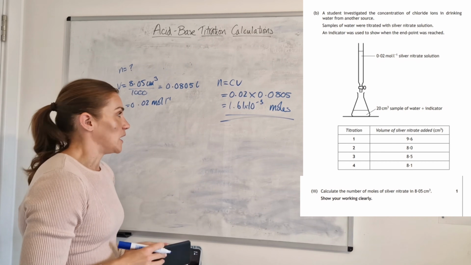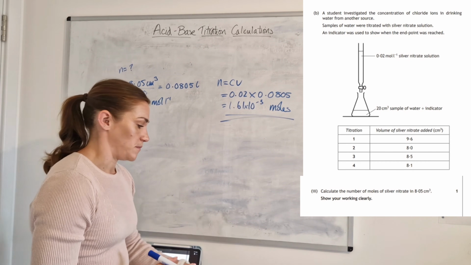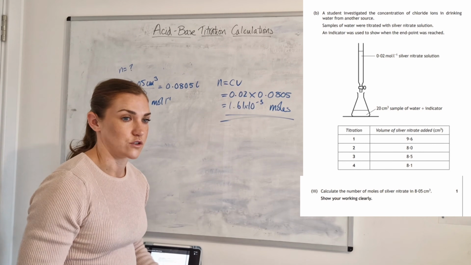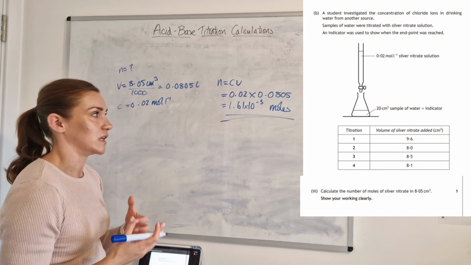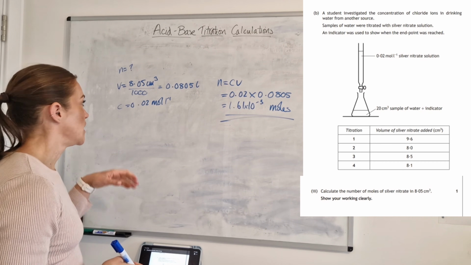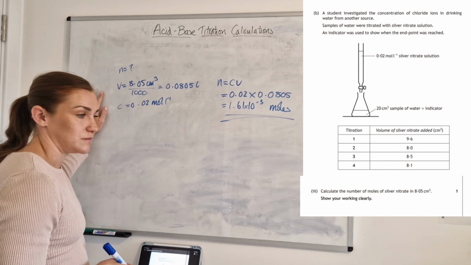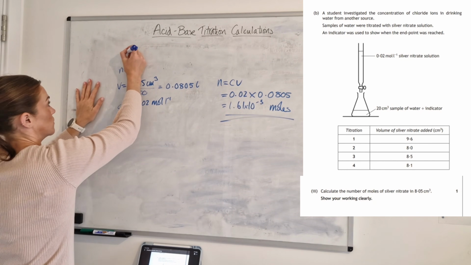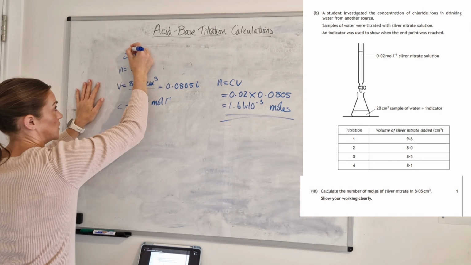So it is a bit harder when it's not a full-blown titration calculation because you can't really get into sort of flowy rhythm. It sometimes takes a bit of thinking time, but by writing down the numbers you're given, you could have also put silver nitrate up here just to keep us right.